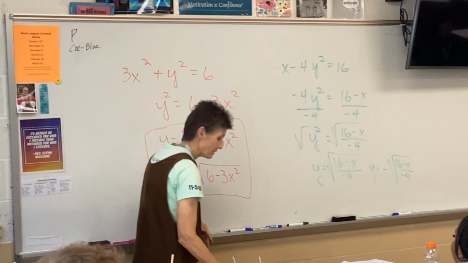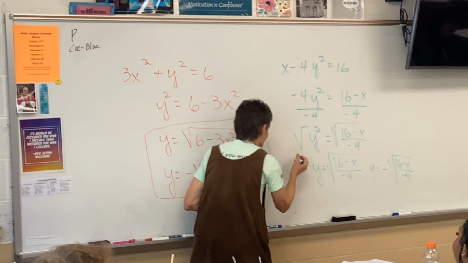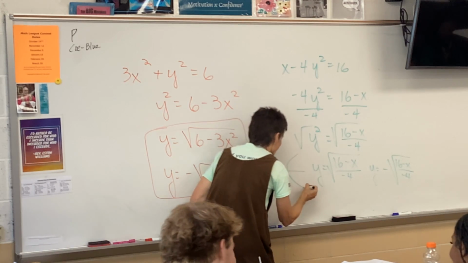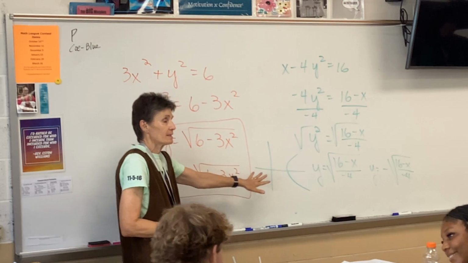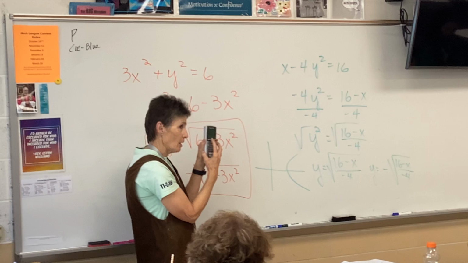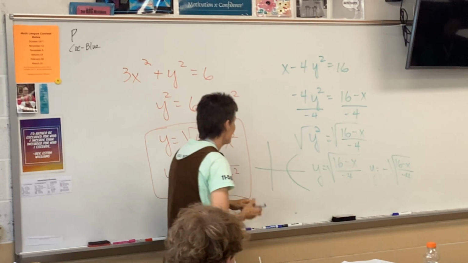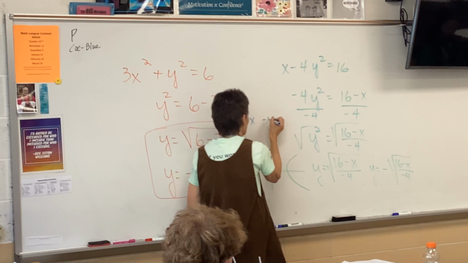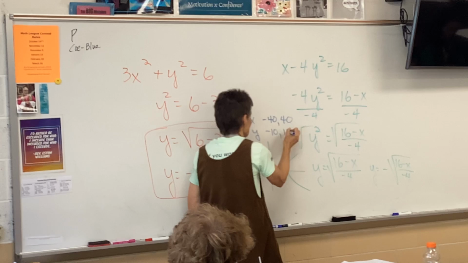Okay, so I had to do a little window adjustment, but what we get is this. This is what you should get. So if you're not seeing that, go to window, and I made X min and max negative 40 and 40, and Y negative 10 and 10.